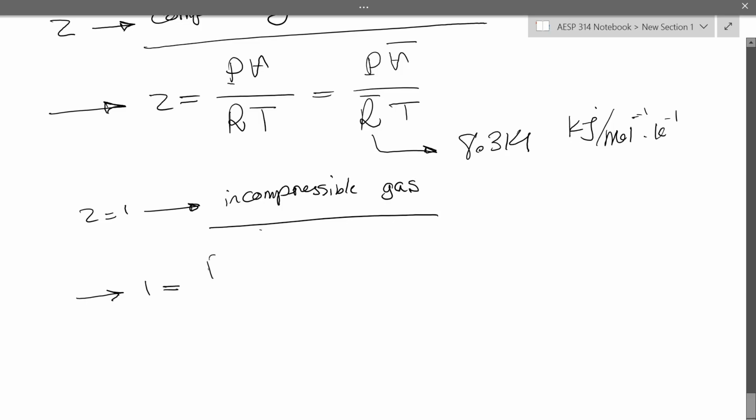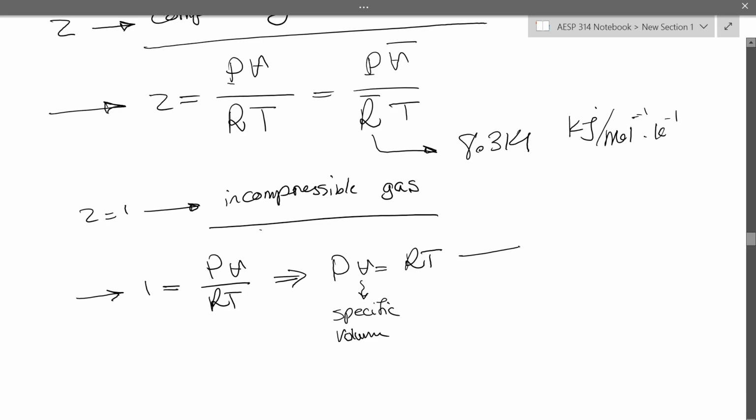So 1 equals PV over RT, and then we can say P v equals RT, and this is a small v, this is just a specific volume, V divided by m, keep that in mind. What does this remind you of?